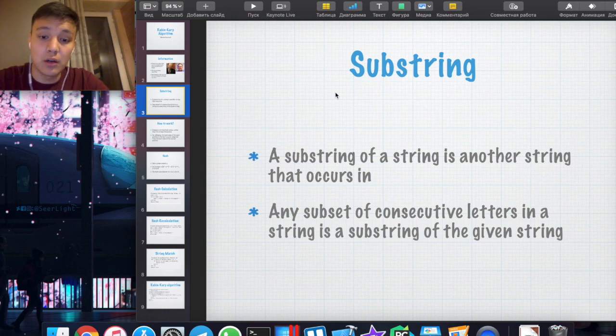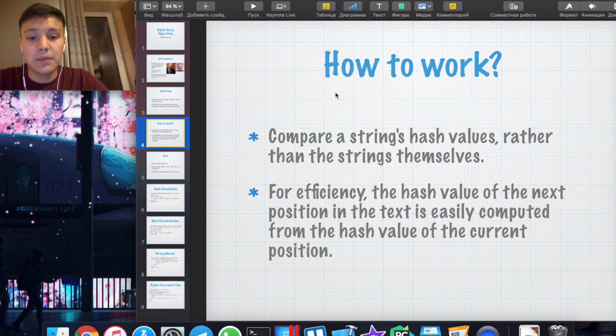Let me explain how the Rabin-Karp algorithm works. In the Rabin-Karp algorithm, we generate a hash of the pattern that we are looking for and check if the rolling hash of our text matches the pattern or not.